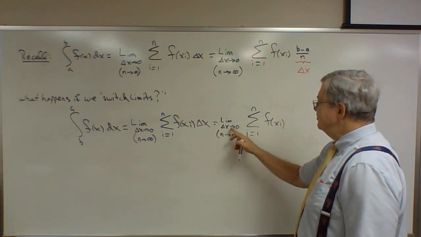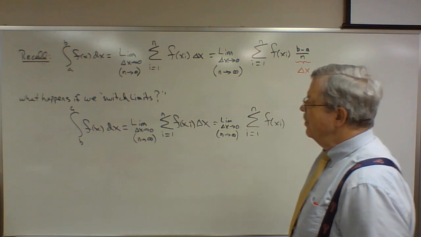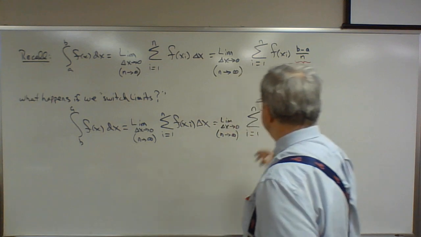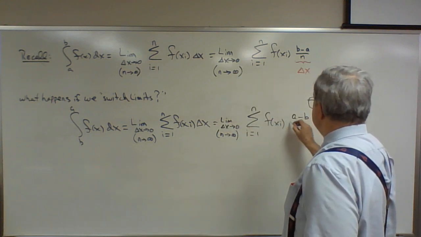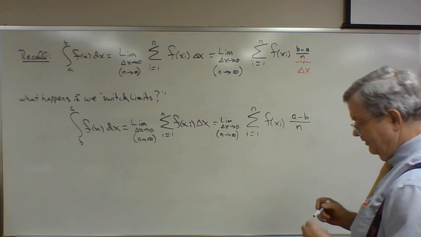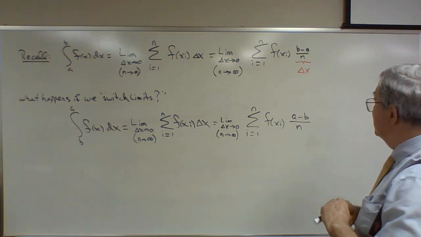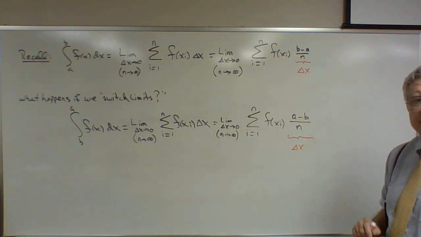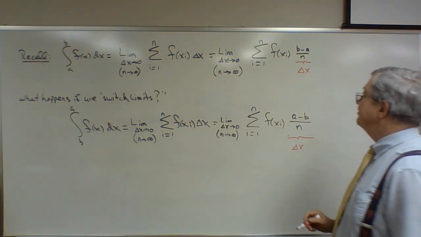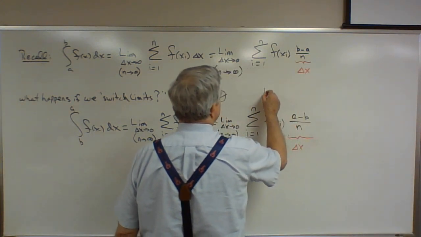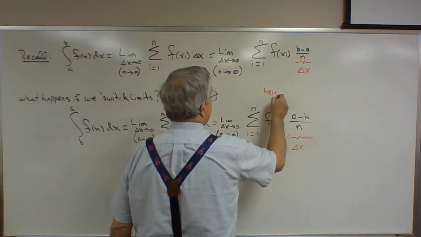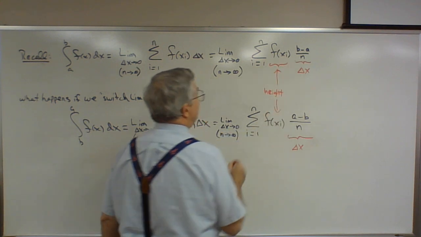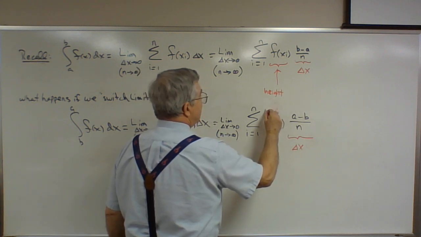And what is delta x? Well, it's the endpoints of the subinterval, a minus b, divided by the number of subintervals. And in that case, this is our delta x. In both cases, f of x is the height of the ith rectangle.